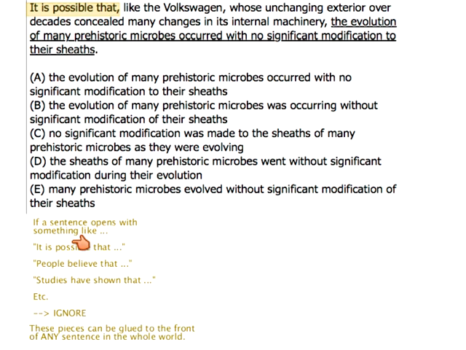For instance, it is possible that these pieces can be glued to the front of any sentence in the whole world. People believe that these pieces can be glued to the front of any sentence in the whole world. Studies have shown that these pieces can be glued to the front of any sentence in the whole world. So those parts, you honestly just don't care.